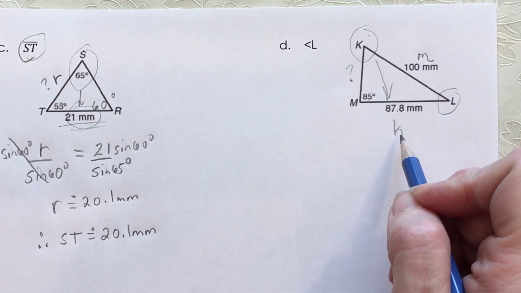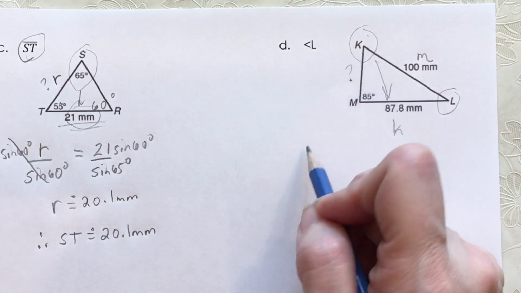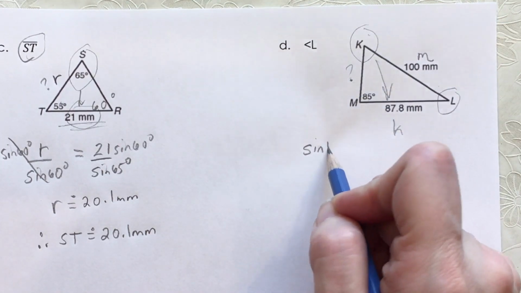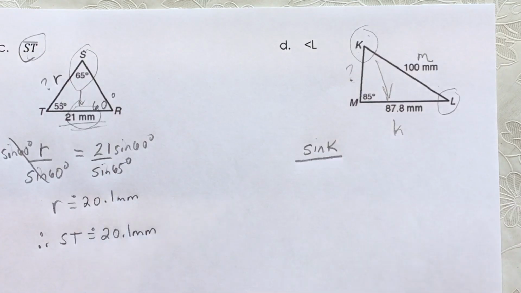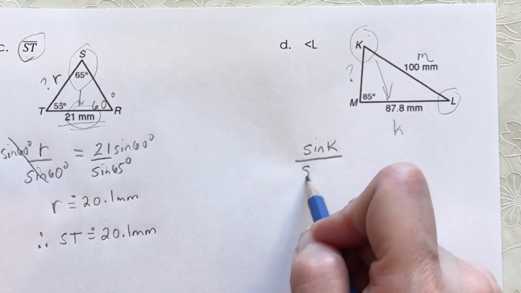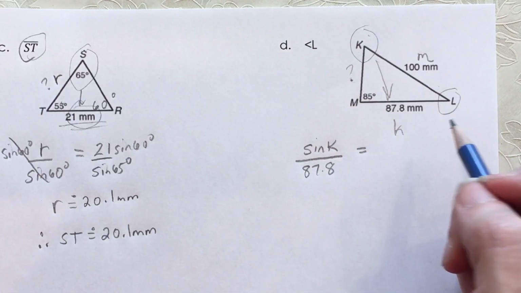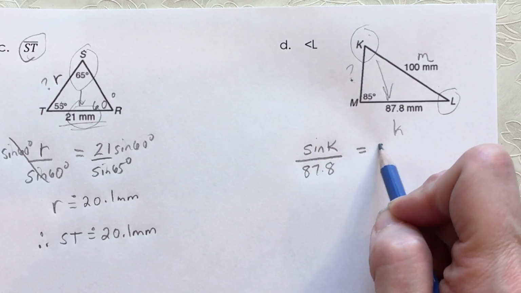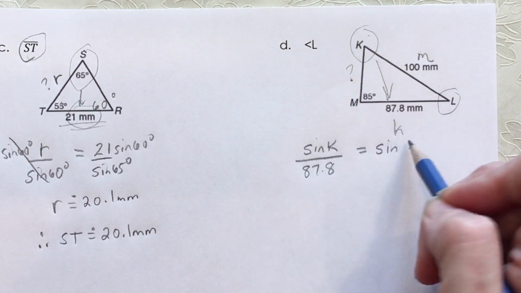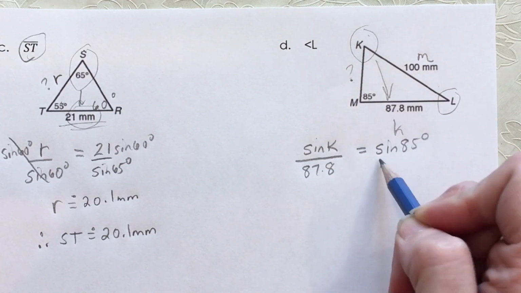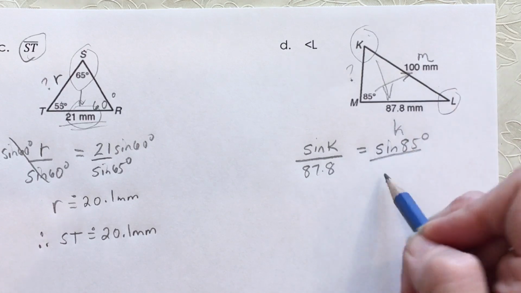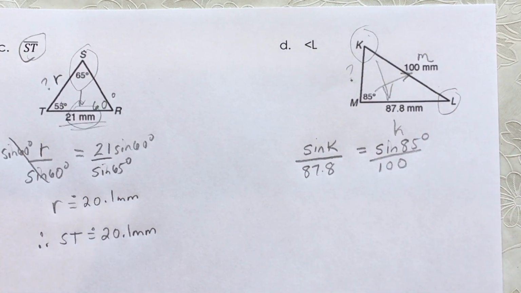So we're going to start off with the sine of K on top, because we want to find angle K to start with, over its corresponding side, so 87.8, equals the sine of angle M, which we know is 85 degrees, over the length of the side opposite to it, which is 100 millimeters.